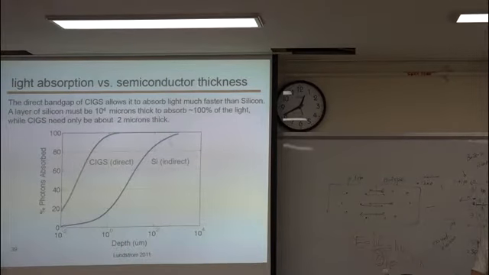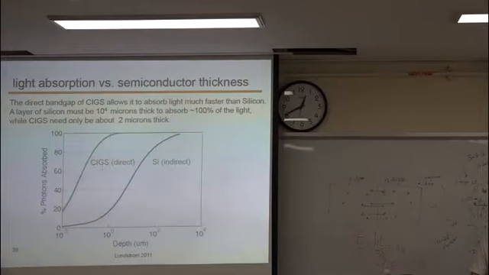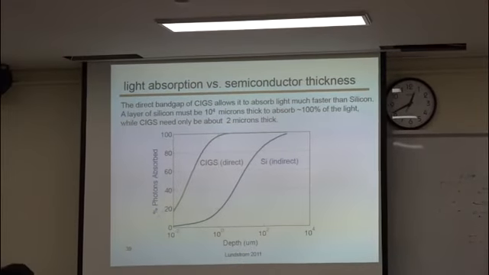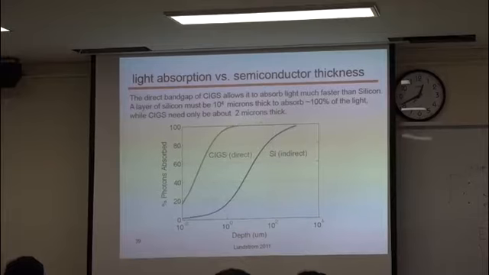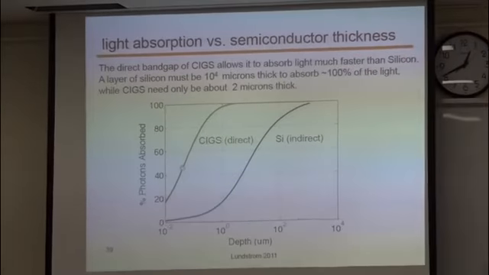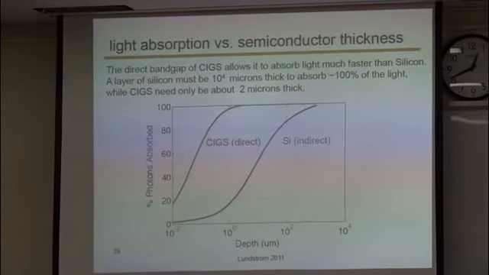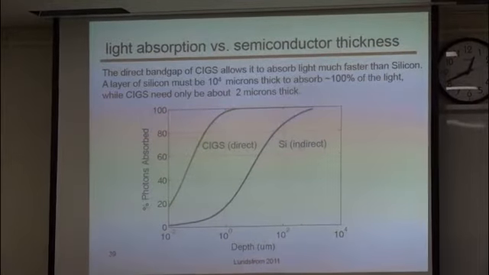On the other hand, the CIGS solar cell will have a direct band gap and thereby very quickly absorb solar light as compared with silicon with its indirect band gap.